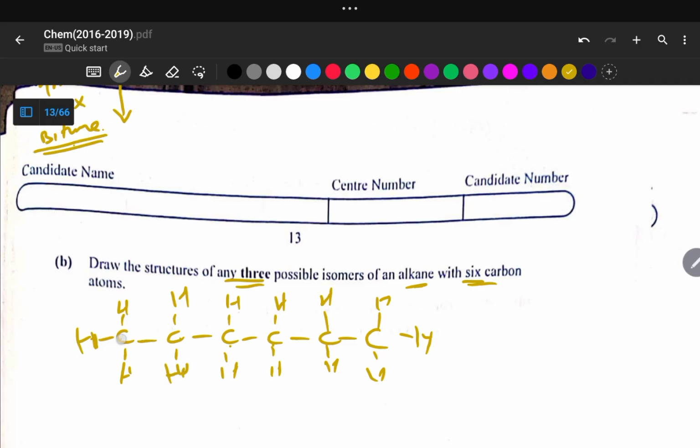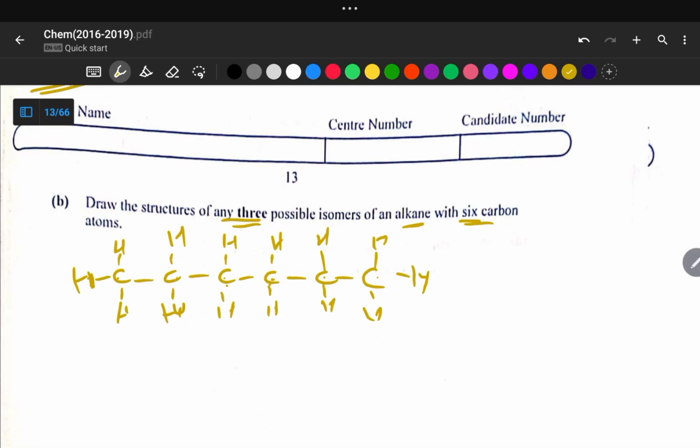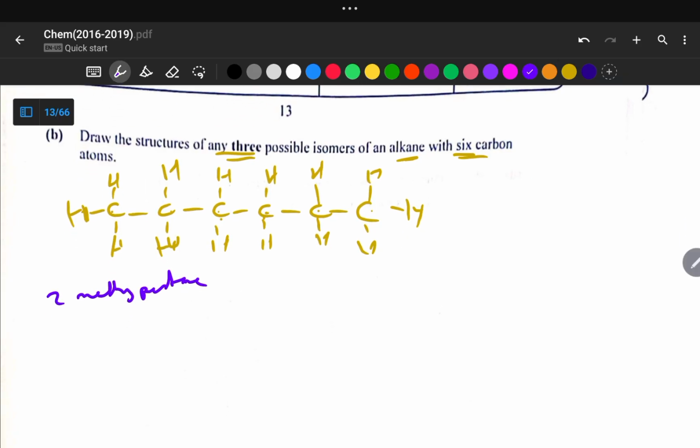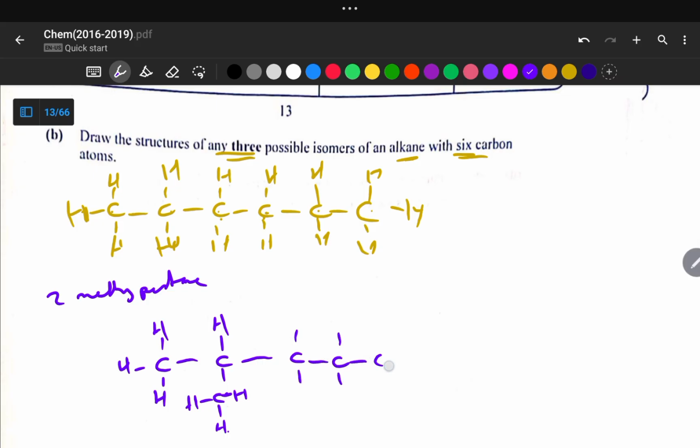So how many carbon atoms? 1, 2, 3, 4, 5, 6, right? And then we go on to the next one. So we can draw 2-methylpentane, right? So we're simply going to say H here, H there, and then C. We said it's 2-methyl, so at position 2 here, the methyl group, and we can proceed to draw 1, 2, 3, 4, 5, and we are done.